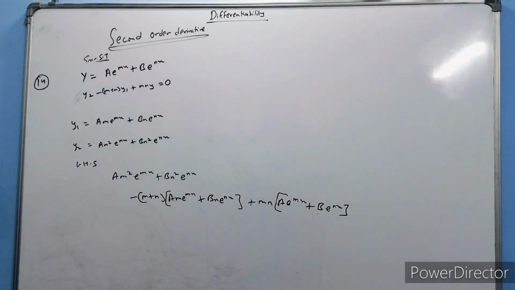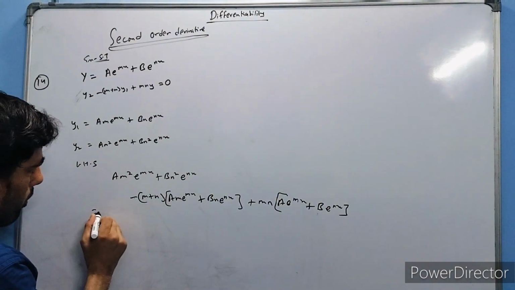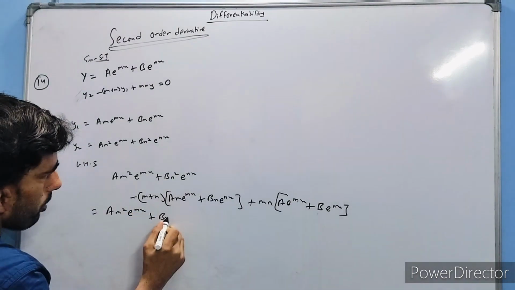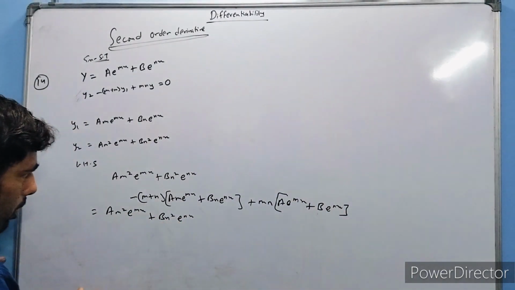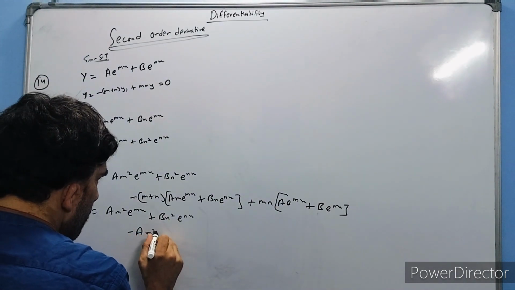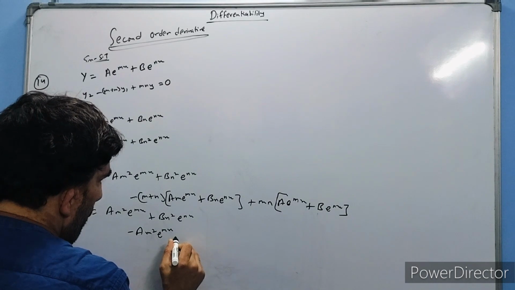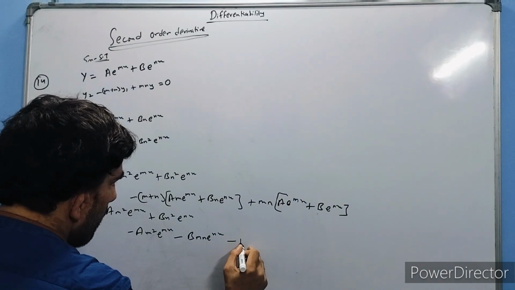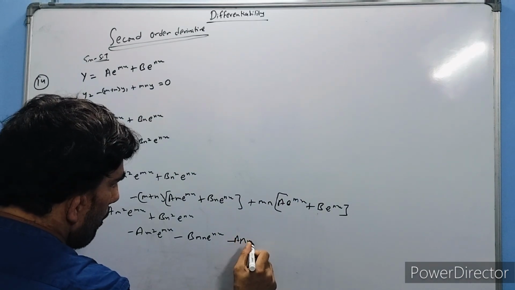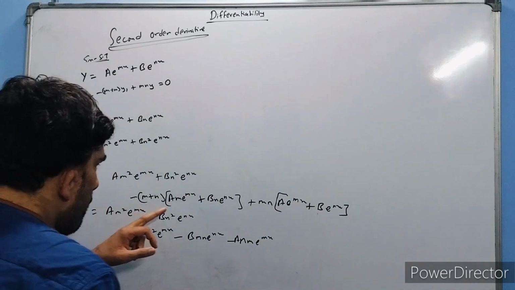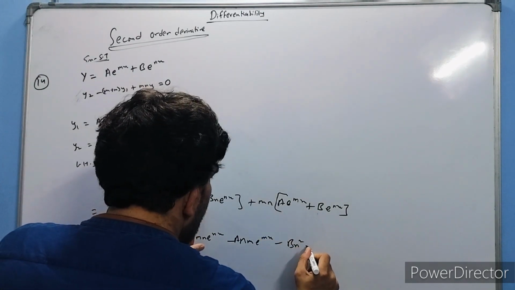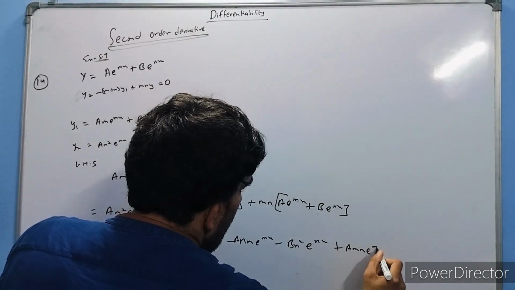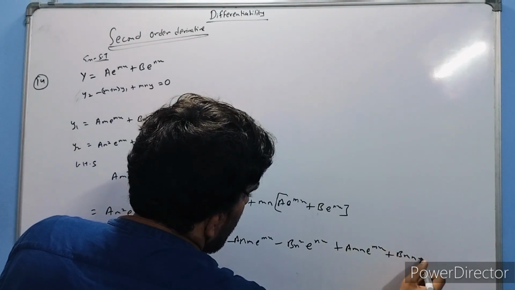Now we multiply here. So we got am square e raised power mx plus bn square e raised power nx, minus am square e raised power mx, minus bmn e raised power nx, minus amn e raised power mx, then minus bn square e raised power nx, plus amn e raised power mx, plus bmn e raised power nx.